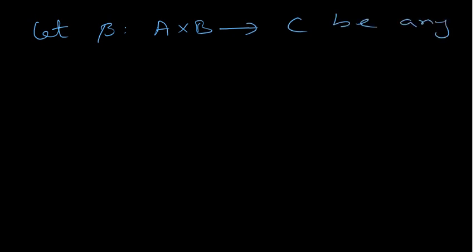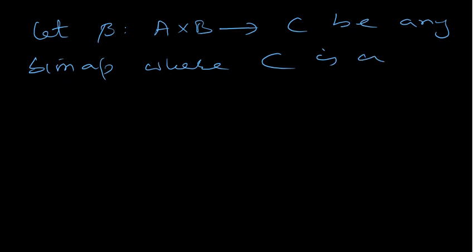Next we will take any bimap. Let beta from A cross B to C be any bimap, where C is a TU by system.